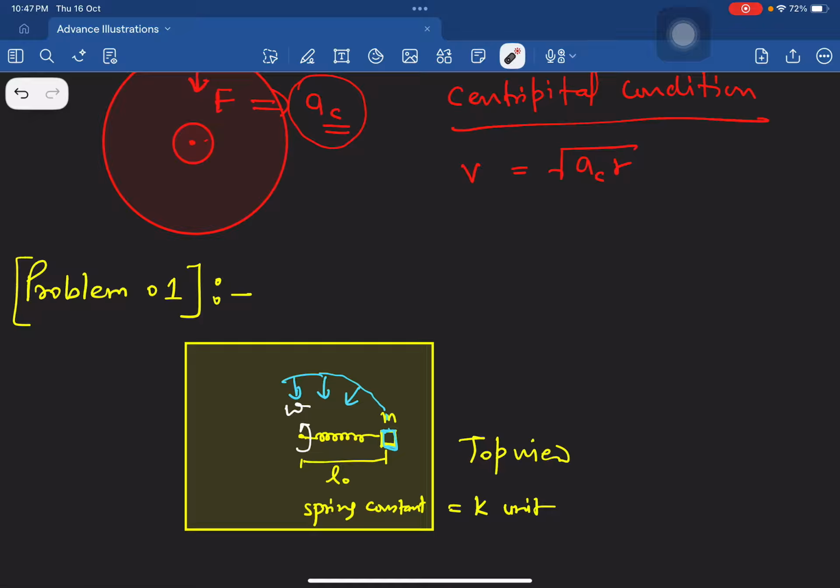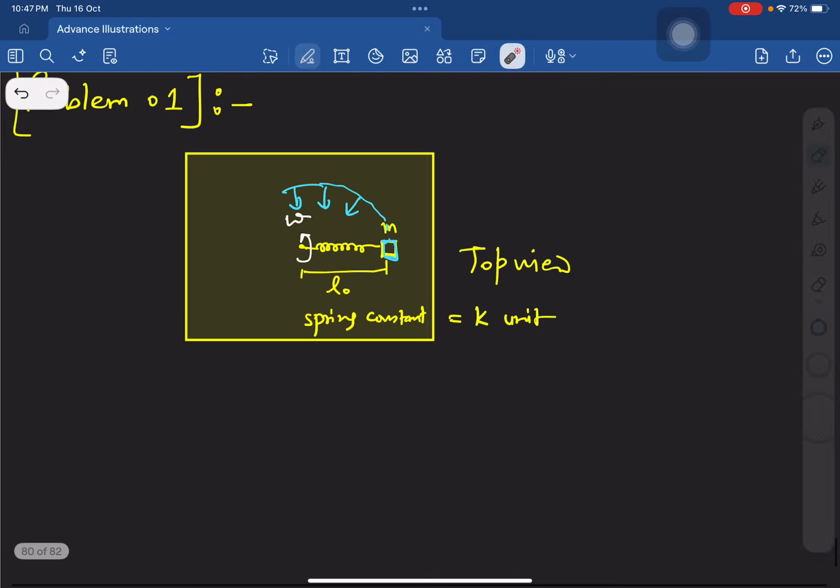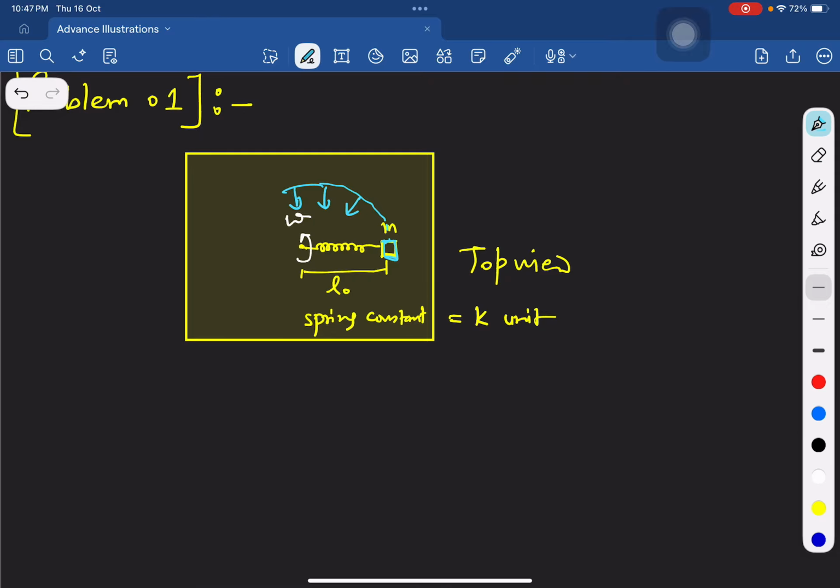Let's say the particle is here and it is doing this circular motion. So this length will now be L naught plus x, meaning it will not be its natural length, it will have a certain elongation.